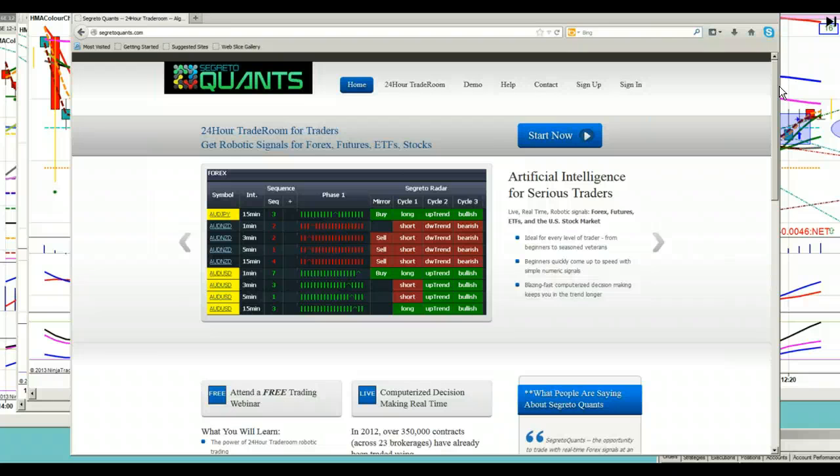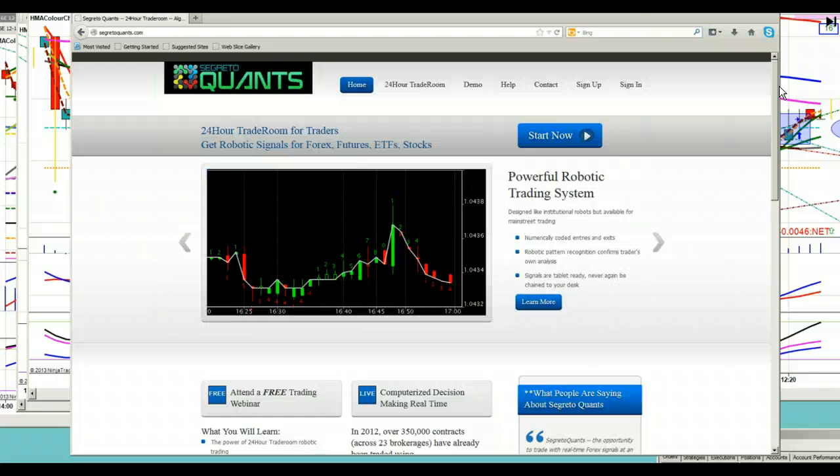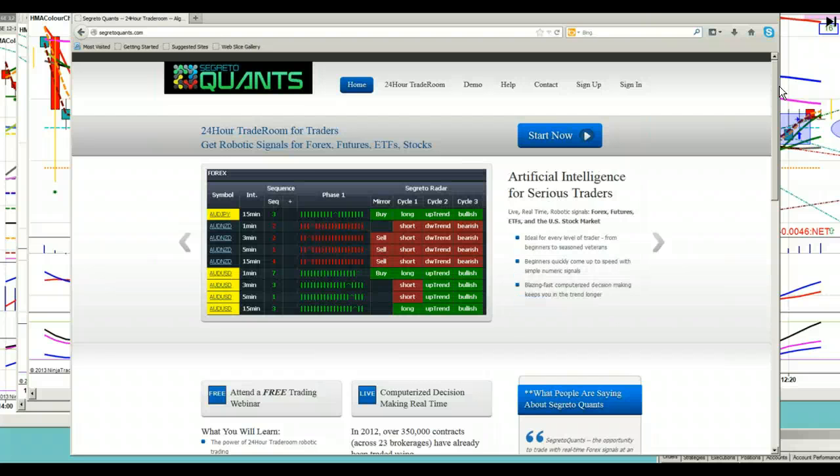Some computers have freezing issues, and we found that this URL works with traders who have slower computers. So once you've signed up using the shadow traders link, when you go to sign in and use it, just use this link. Don't use the shadow traders part. So Segredo Quants.